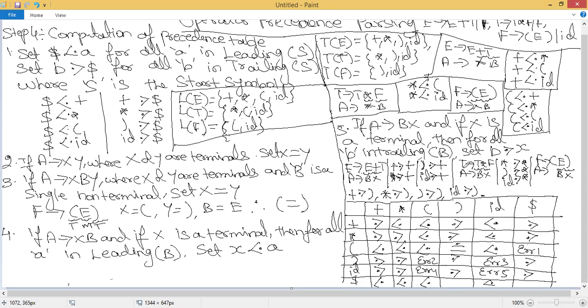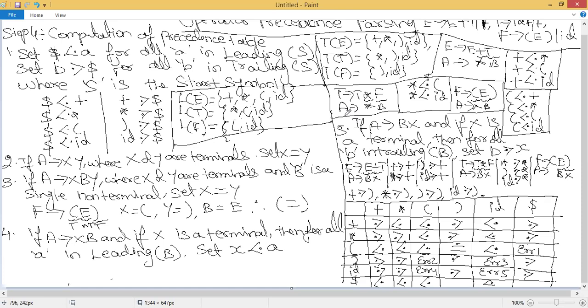There will not be any precedence relationship for open parenthesis and dollar, as well as for close parenthesis and open parenthesis, ID and open parenthesis, and ID and ID. For these we cannot compute the precedence relationship, so those will be mentioned as error. So this is the computation of the precedence table.